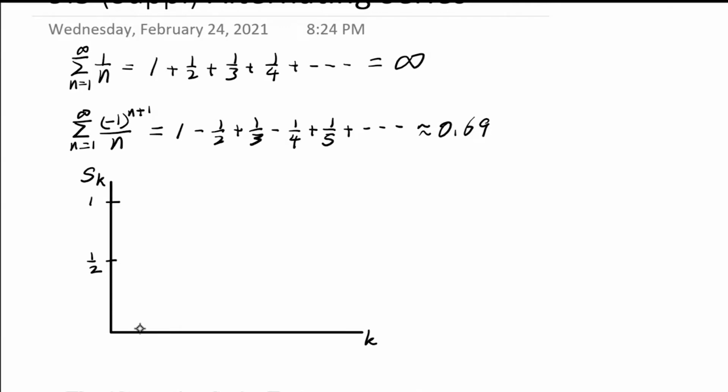At 1, we just take the first term, so our sequence gets plotted right there. At 2, some of you actually have the program ready to spit out these numbers. Run the first, let's say, 5 or 6 terms, then tell me what it is. So this was right here, which is coming down by half. And then we have to add a third. So at 3, was it 0.8 something? Somebody tell me?